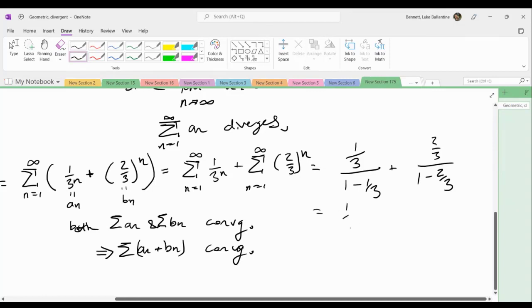So this is 1/3 times 3 over 2 plus 2/3 times 3 over 1. So this is 1/2 plus 2. This is 5 over 2.